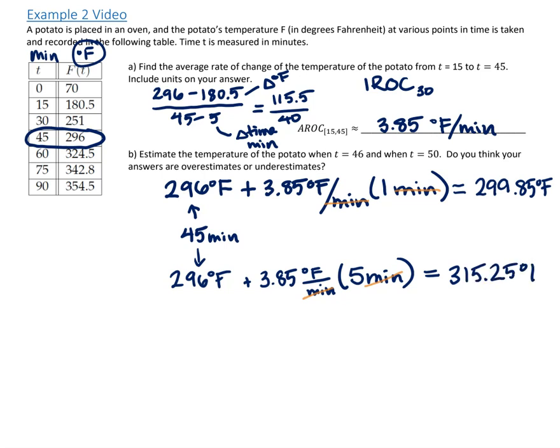315.25 degrees Fahrenheit. So basically what we just did with those two calculations is we used our tangent line approximation. So we're not going to dig into that vocab a lot, but I think it's vocab that'll make sense as we keep working on this whole tangent line idea. Basically, if we made a tangent line right at t equals 30 and we followed it out, these are the numbers that it would tell us are the approximate answers for the temperature.